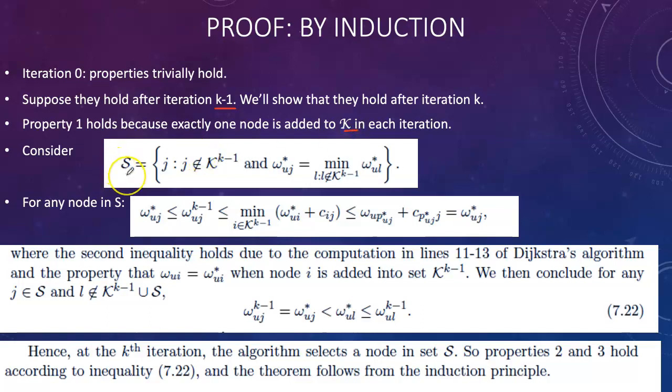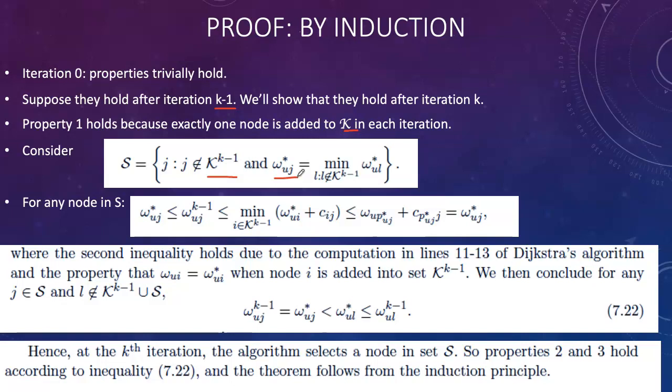Now, consider the following set. We'll define the set S as the set of nodes j that are not in kappa after iteration k minus 1, whose final costs are minimal.